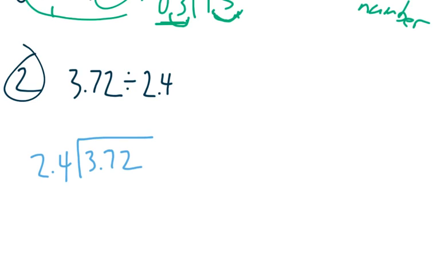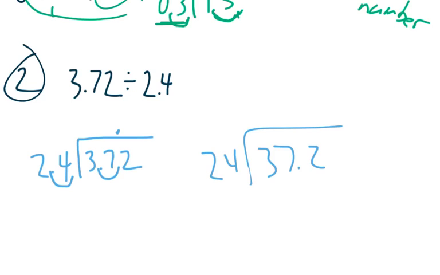The divisor, again, is the one that's in control, so I need to bump this over one spot. I'll bump this over one spot as well, and my decimal is going to be right there. And now, what I'm really doing is 37.2 being divided by 24. That's essentially the problem I'm doing at this point in time.